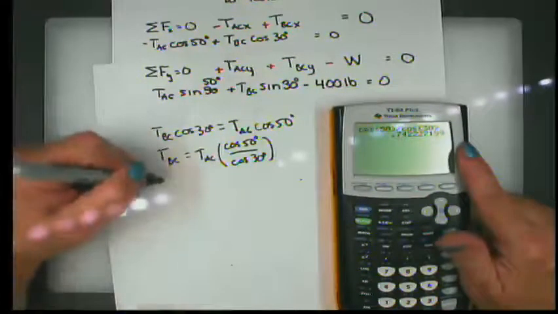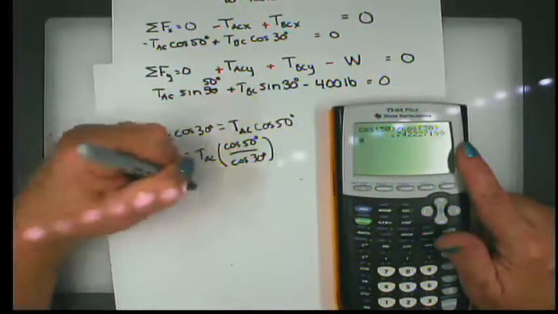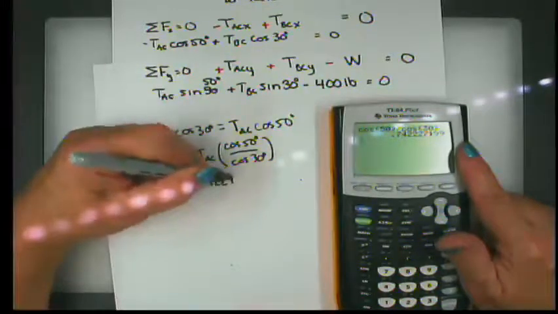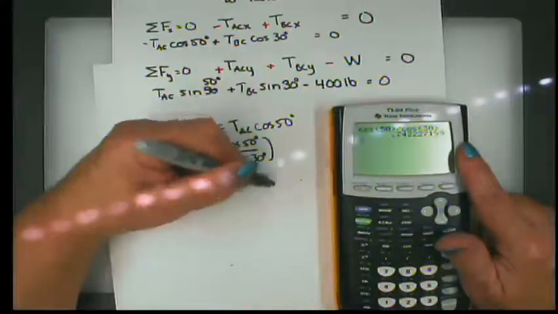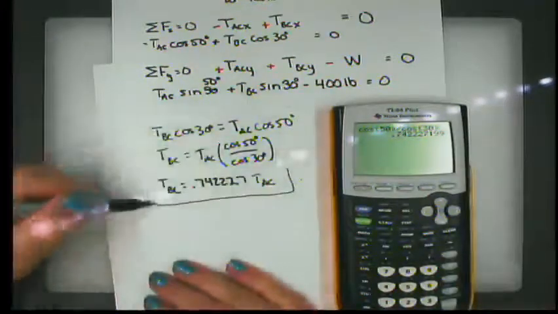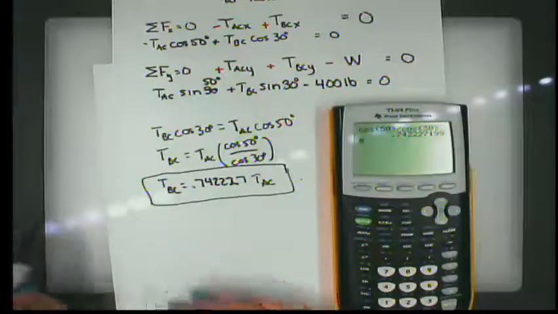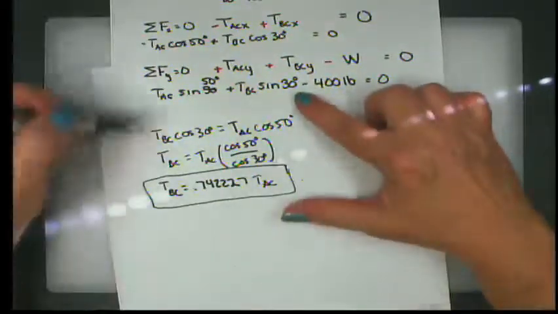So that means that TBC is equal to 0.74227 times TAC. I'm going to use this quantity to substitute back into the other equation so that I have only one equation and one unknown.